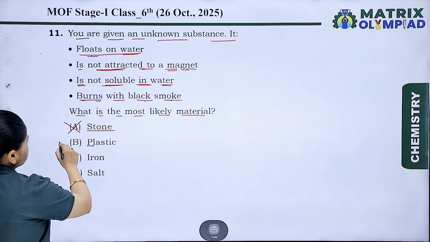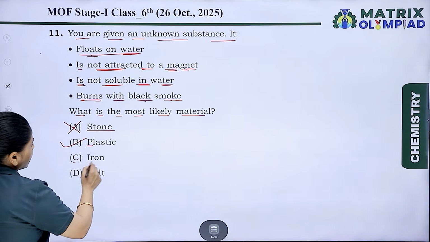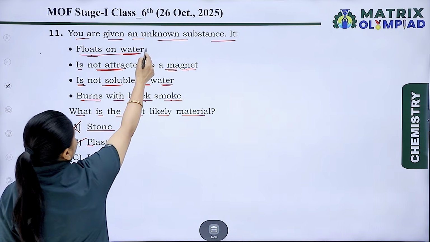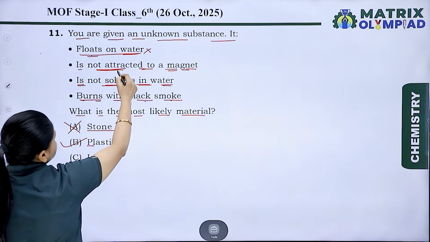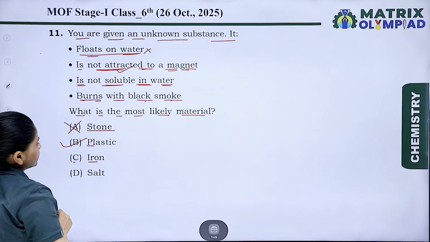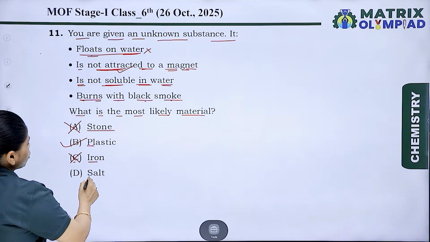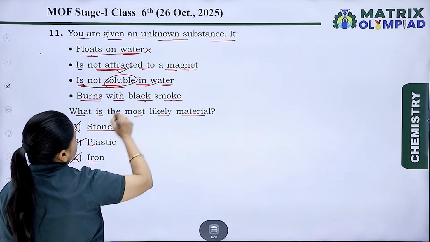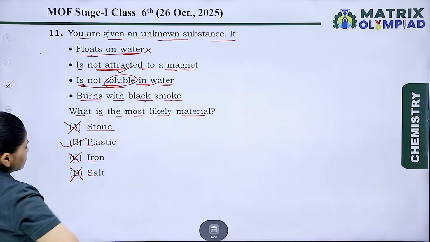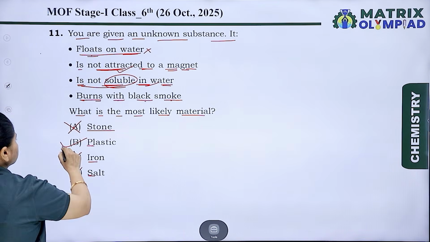So the answer will be B, that is plastic. C, iron. Iron can't float on water and it is attracted to a magnet. So it is not the correct option. Salt. Yes, salt is soluble in water. So it is again not the correct option. So the correct option is B.